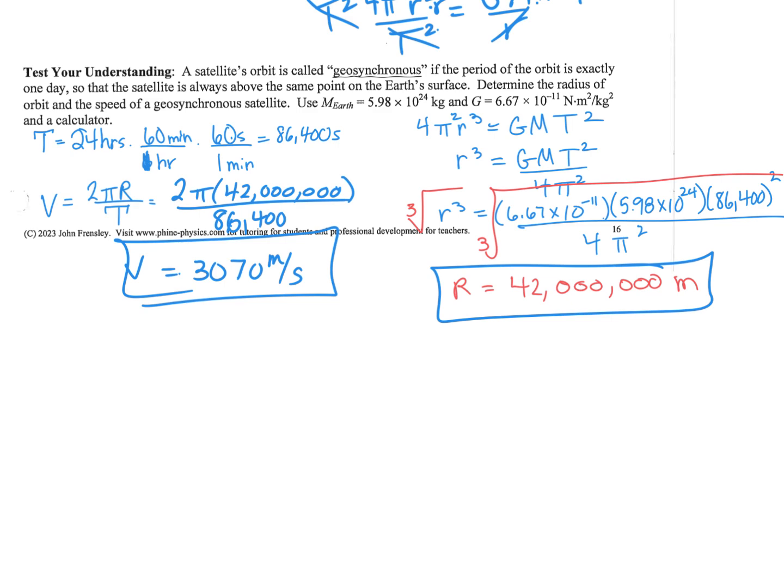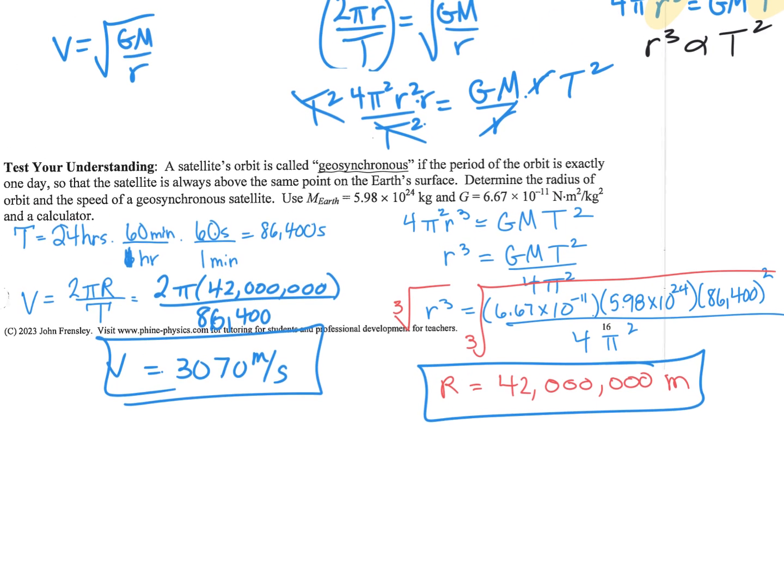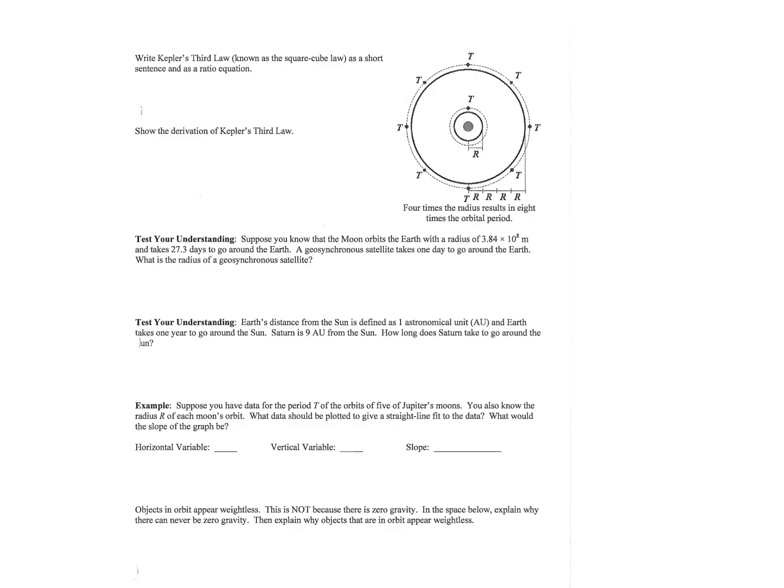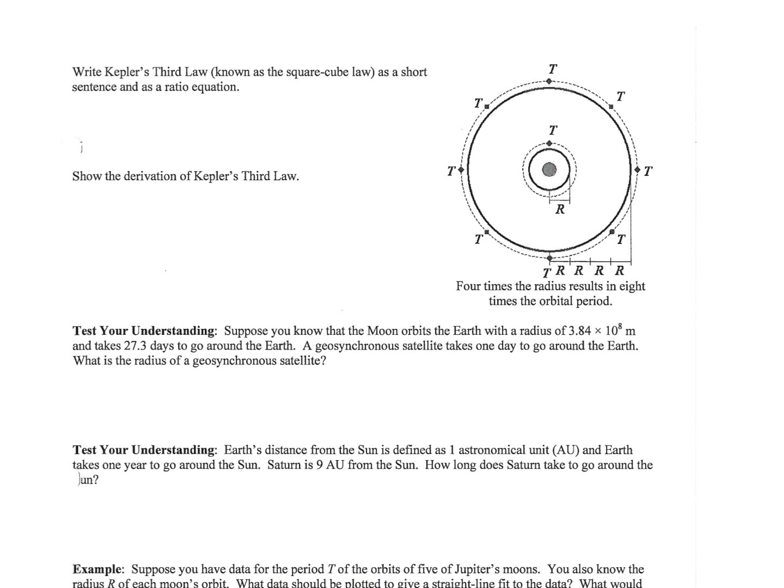Remember, what is our relationship here? This is my relationship. T squared GM equals 4 pi squared R cubed. All right. Kepler's third law as a short sentence and as a ratio equation.